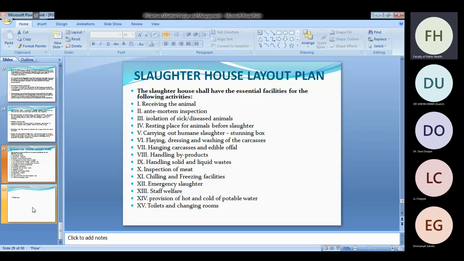One can ask, what are the activities that are carried out in a slaughterhouse, and what are the essential facilities? When I ask you to give me the essential facilities, they are the facilities that are needed in a slaughterhouse, and the activities that can be carried out in a particular facility. You know what I'm talking about?